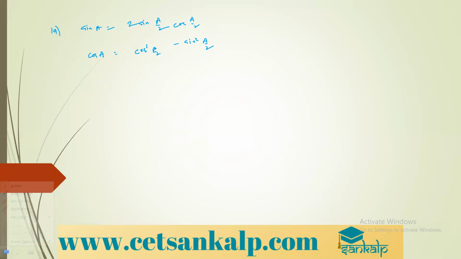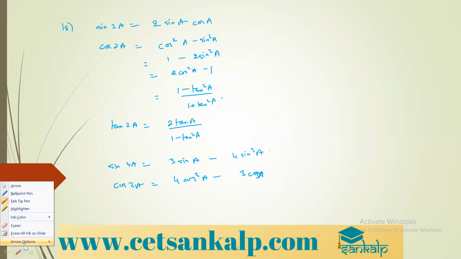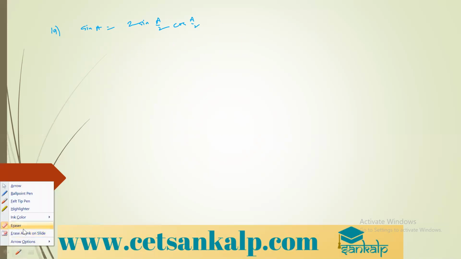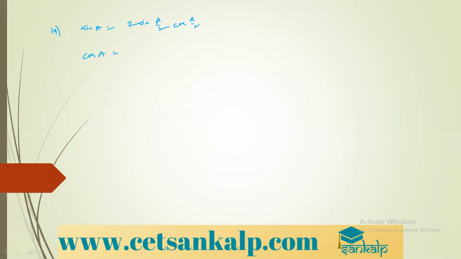From these only we can make a set of formulas. Cos A is cos square A/2 minus sin square A/2, or it is 2 cos square A/2 minus 1, or 1 minus 2 sin square A/2. Any one of these three formulas.